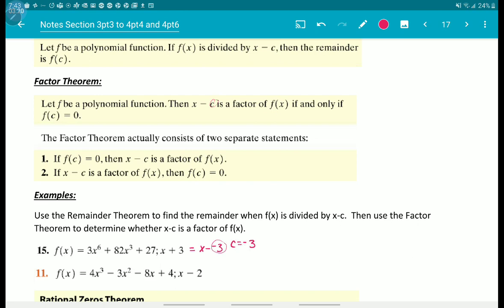If we plug negative 3 in for x, so we're going to have 3 times negative 3 to the 6 plus 82 times negative 3 cubed plus 27. We're going to get 0. So that tells us the remainder is 0.